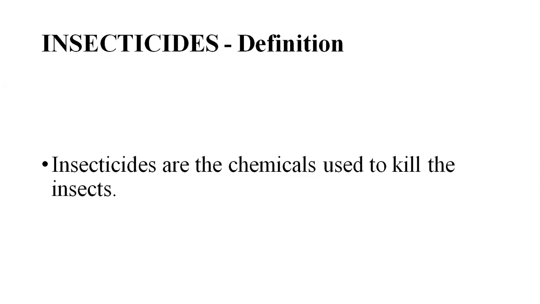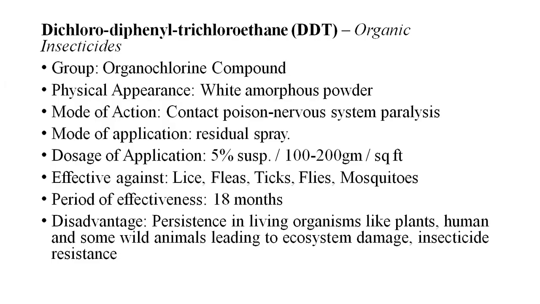Insecticide definition: insecticides are the chemicals used to kill insects. Dichloro-diphenyl-trichloroethane, that is DDT, is an organic insecticide.